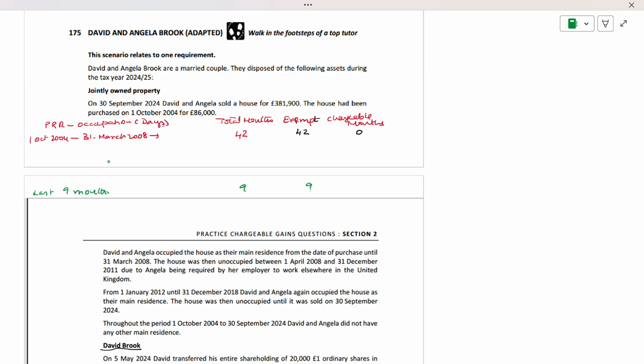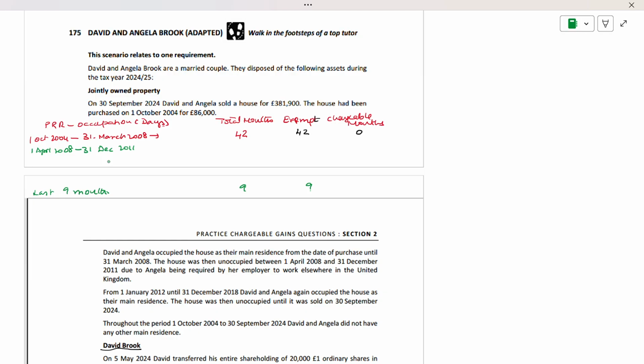From 1st April 2008 until when is it not occupied? Until 31st December 2011. In the year 2008 it is 9 months.